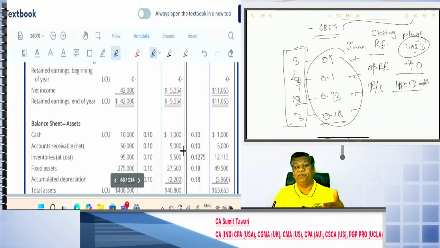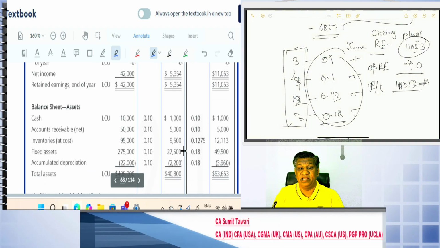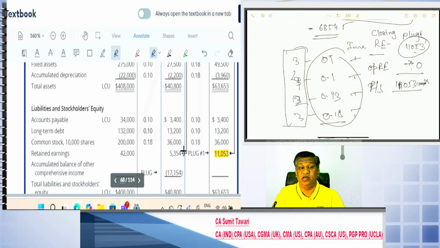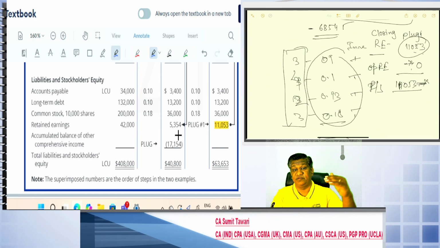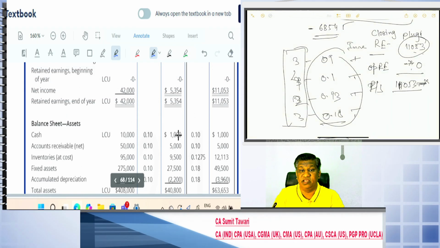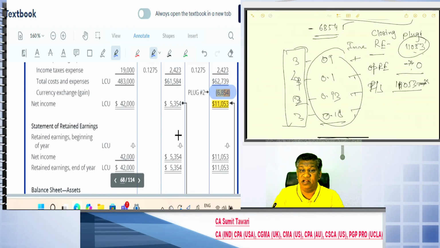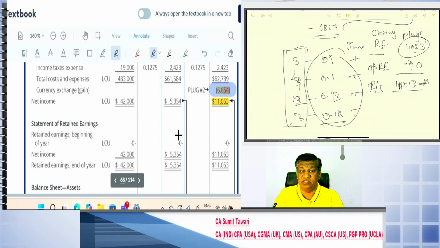Now you need to apply all this in a balance sheet. 5354 you can add in your retained earning. The opening retained earning is 0, so we consider 5354 as it is; otherwise, opening plus 5354. Now you can see the exchange rates we applied. For PNL, a single exchange rate, the weighted average one.